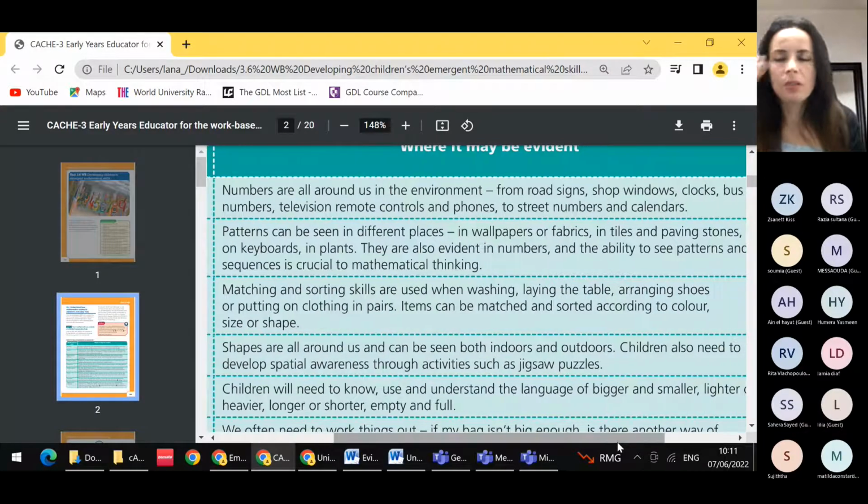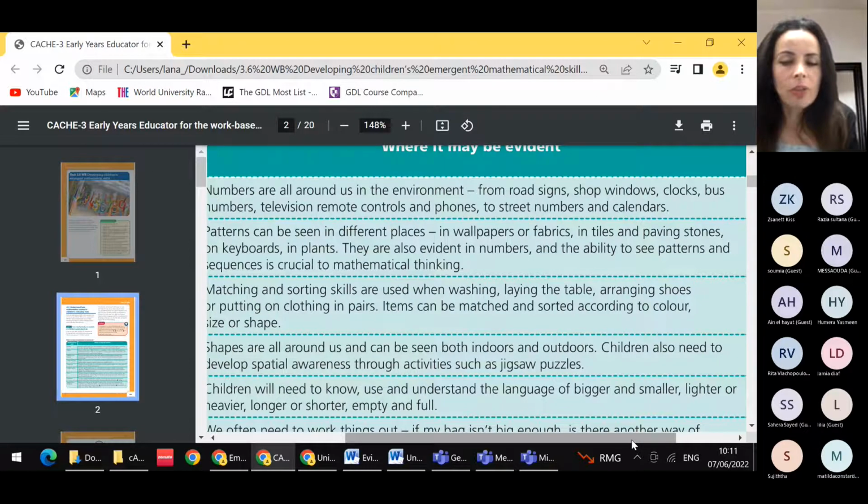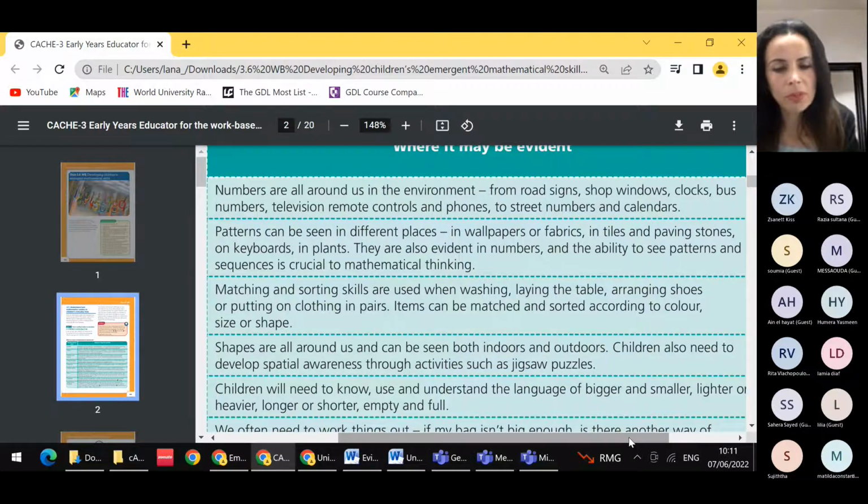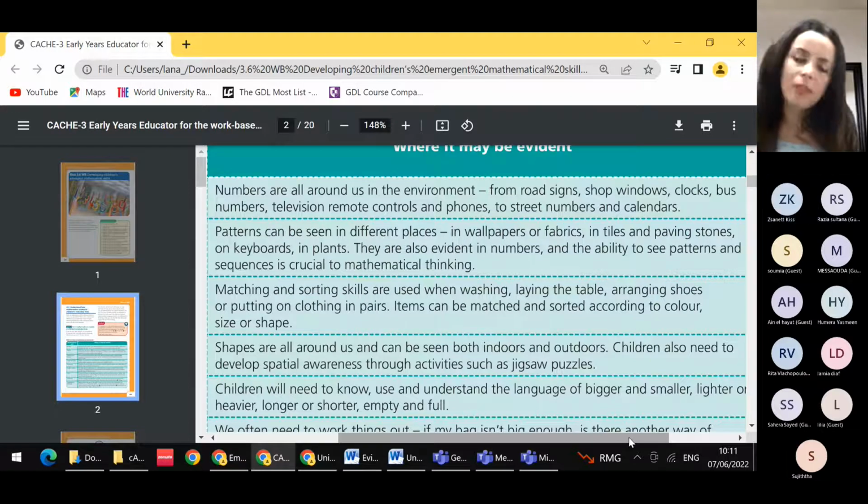This is how you see that mathematics is around children everywhere, because numbers are around us in the environment, in road signs, in the shops, prices, in the windows. When you go on the bus, it has numbers. When they use a mobile phone, there are numbers. There are more numbers maybe on the leaflets in the nursery. The street number, the calendar, so they have numbers everywhere.